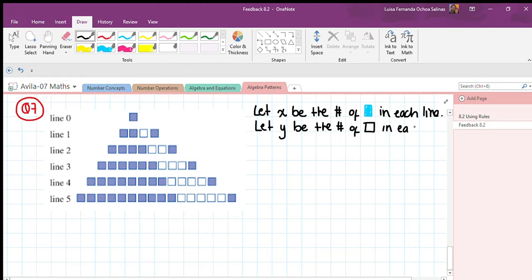Okay, girls? Now, they don't ask us to fill a table, but it's a good idea to do it now.